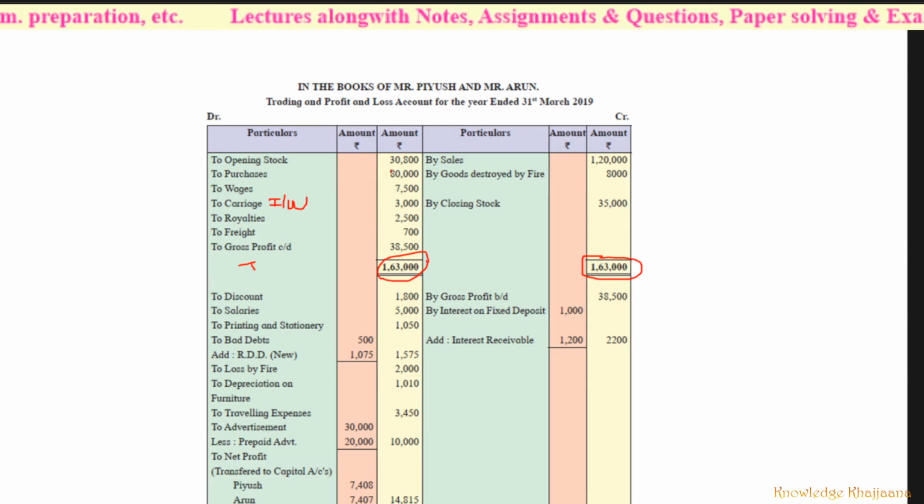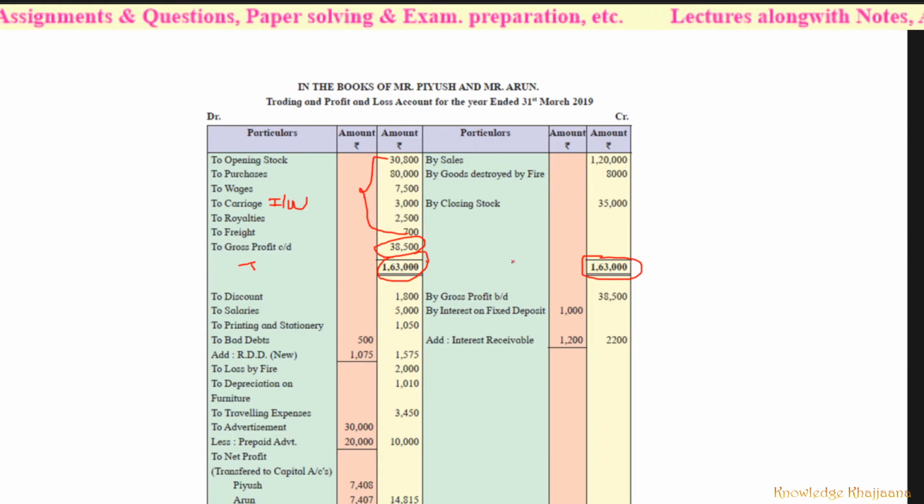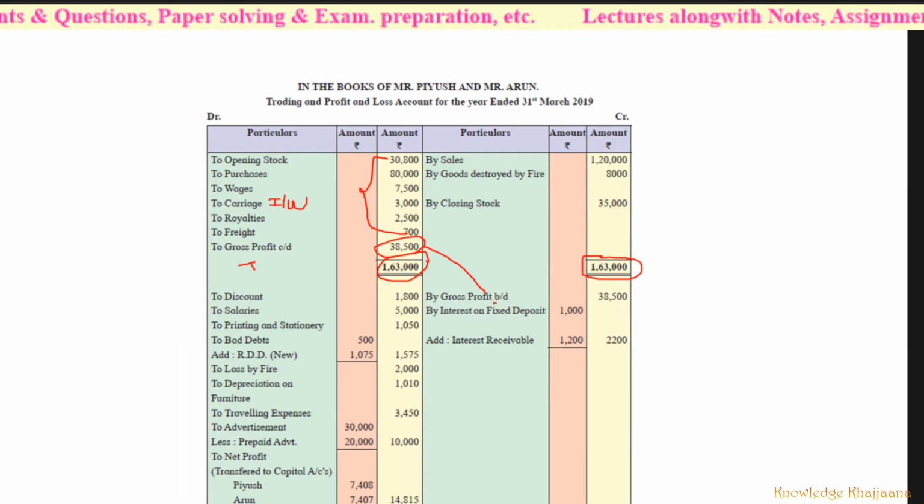So we have to deduct the total of these amounts from rupees 1,63,000. So we'll get the gross profit, that is 38,500. Whatever gross profit has been carried down, we have to bring it down to the profit and loss account credit side.